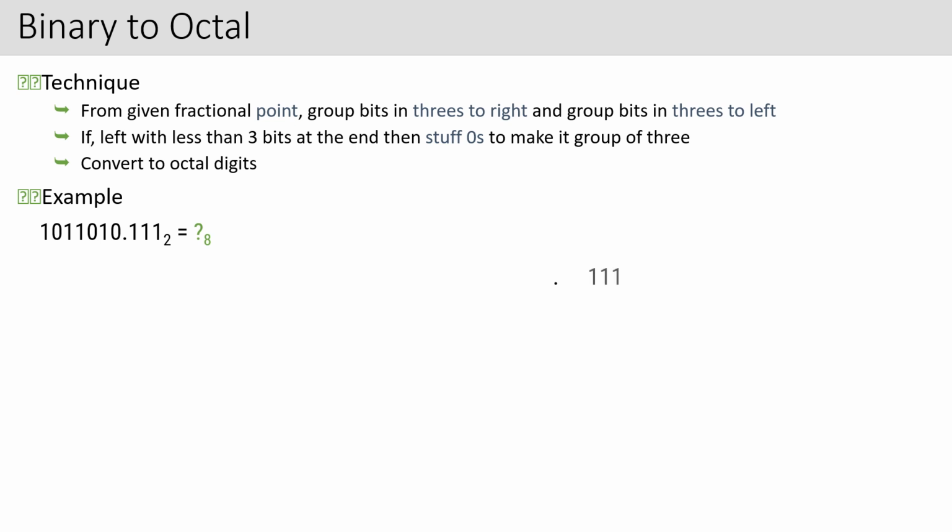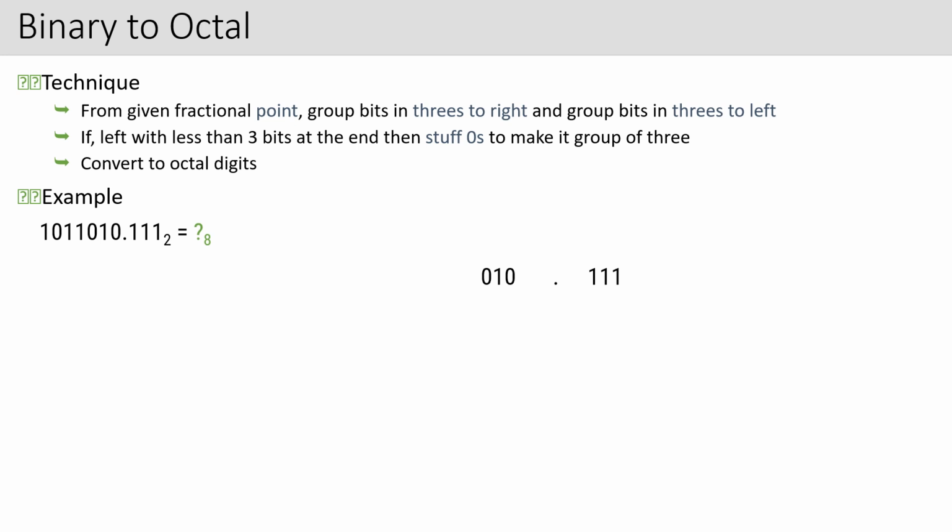What will you do? What did I say? You divide it into groups of 3 to the right and groups of 3 to the left. Getting what I'm saying? See, 1, 1, 1 is already 3 bits.